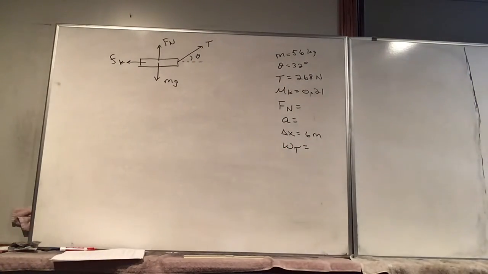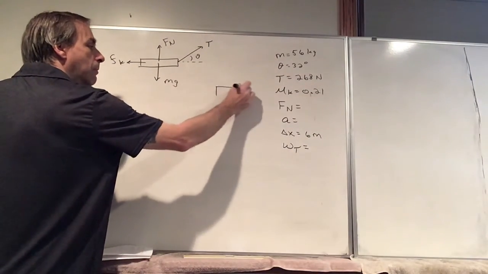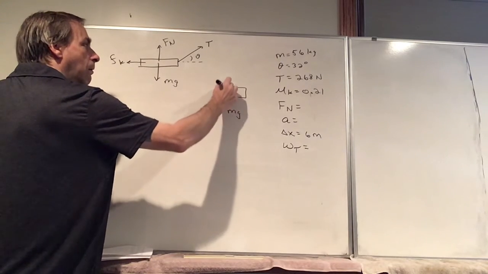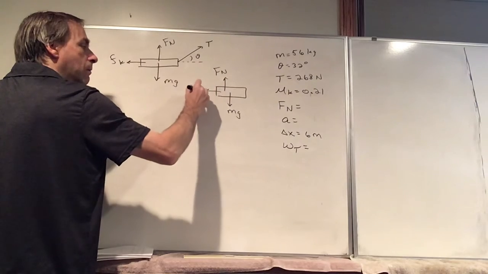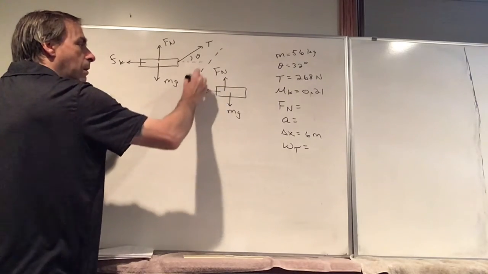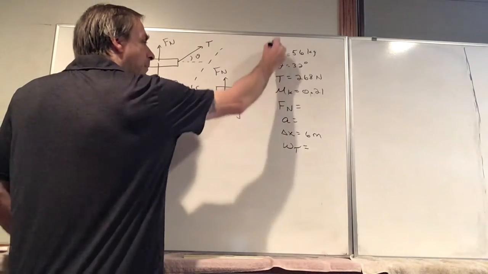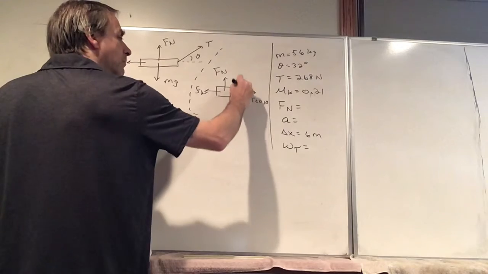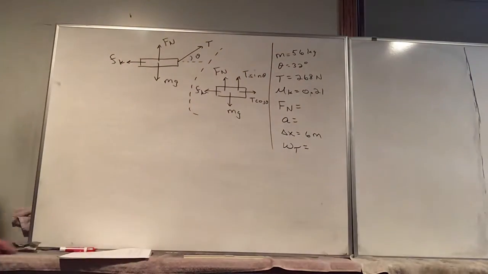So to start out with, let's draw a free body diagram. Here we have T cosine theta and T sine theta. So we break tension up into components.